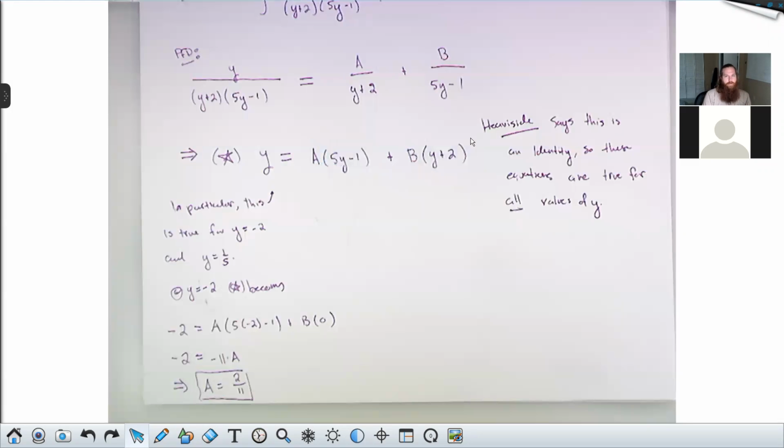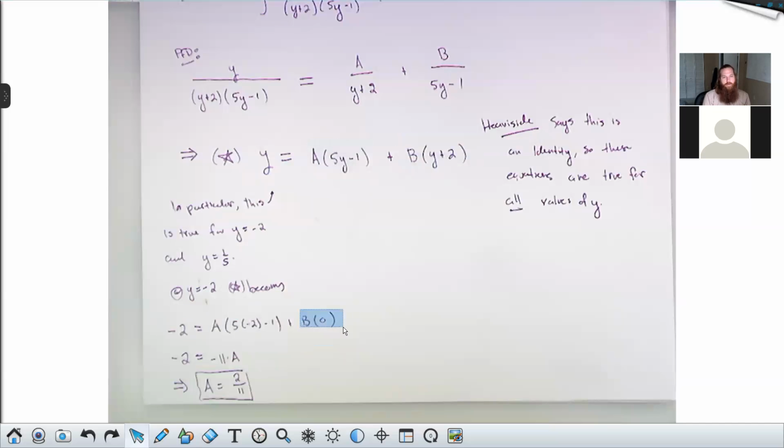Does everybody see how the expression star here becomes this expression when I plug in -2 for y? The left-hand side here I have y, so that's -2. A times 5y minus 1 is A times 5 times -2 minus 1. And B times y plus 2 is B times -2 plus 2.